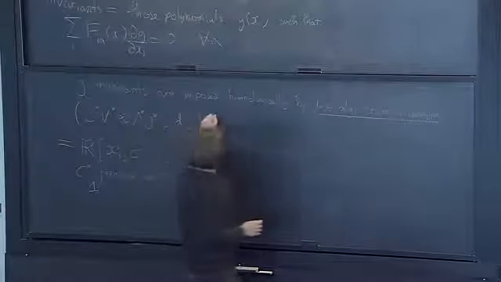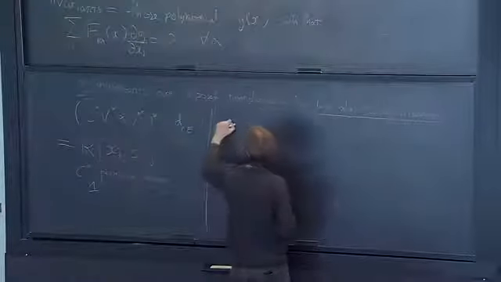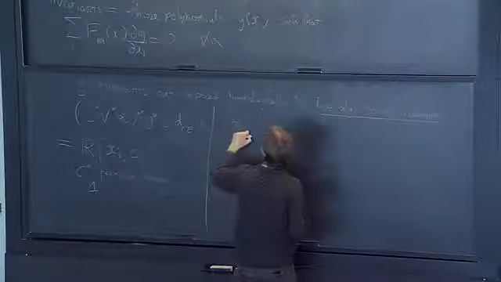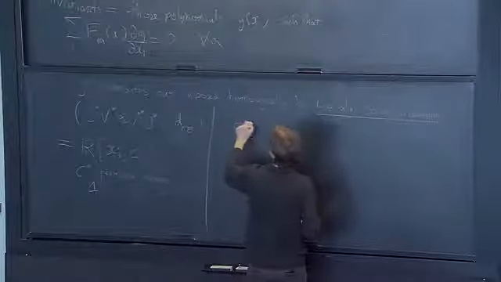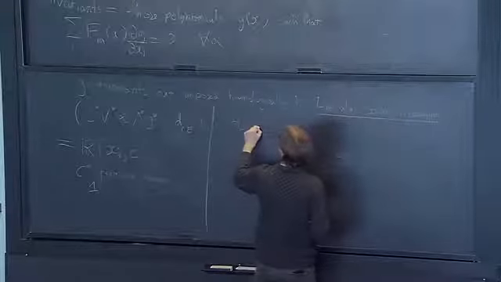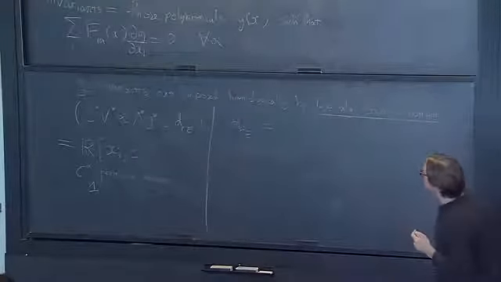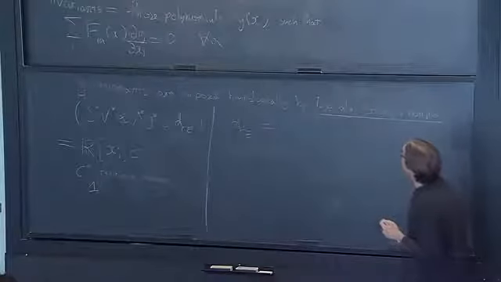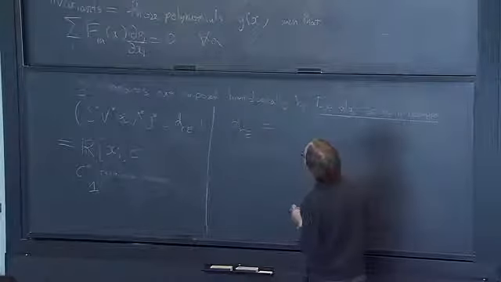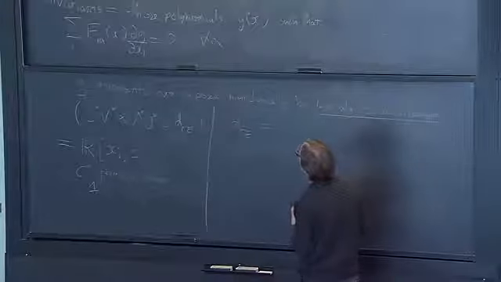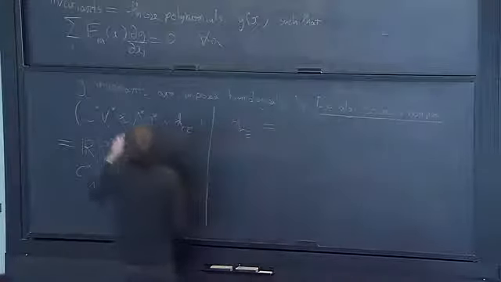And the Chevalley-Eilenberg differential, also called the BRST differential, although these guys did it 20 years before, is given by the following formula.